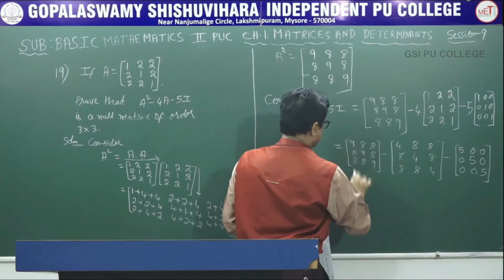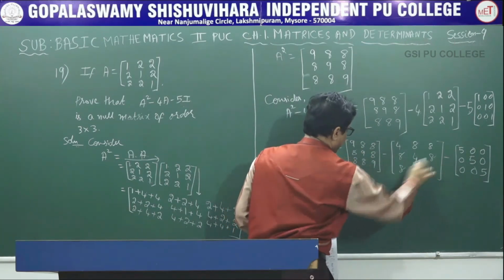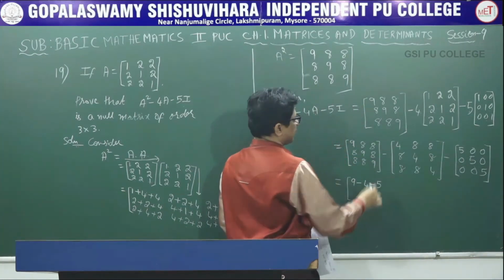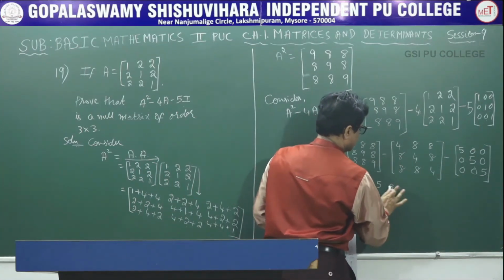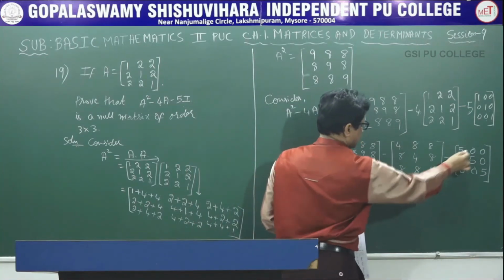So 9 minus 4 minus 5. 8 minus 8 minus 0.